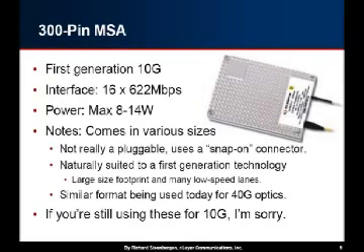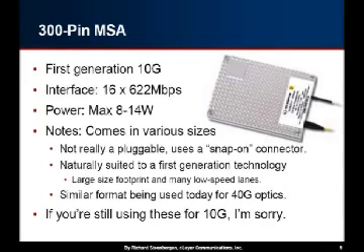So a quick review of the different technologies out there. The very first thing for 10 gig was called the 300-pin MSA. It was very large, and it actually wasn't even a pluggable. It was a snap-on connector. It drew a lot of power. It had a very high-density, low-speed interface, which was key for working with the technology at the time.